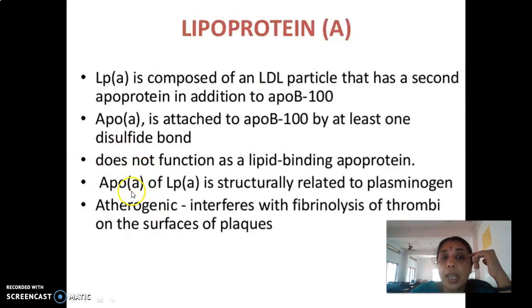Apo(a), because it has a close similarity with plasminogen. Where plasminogen should bind, Apo(a) binds and induces atherogenesis.